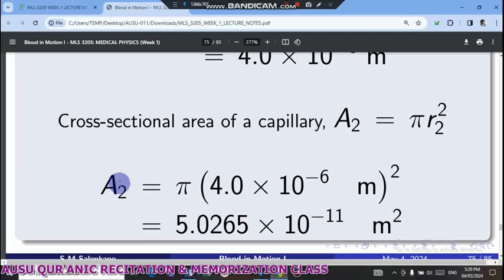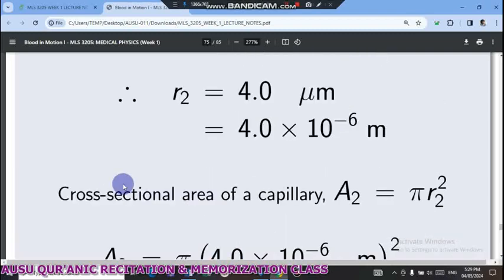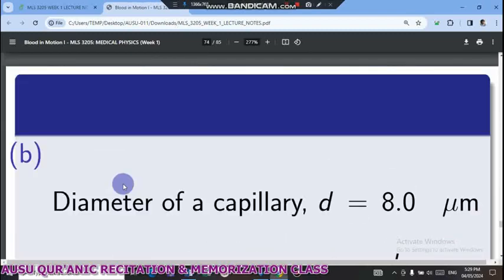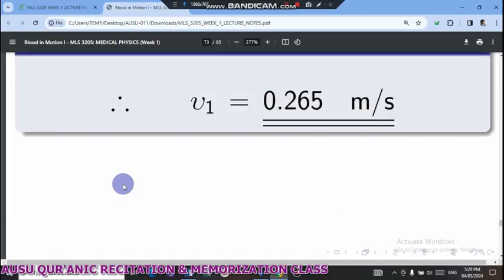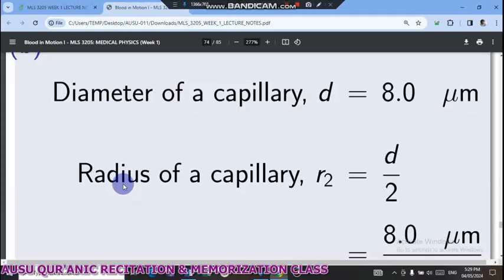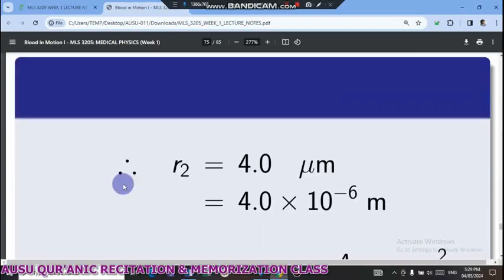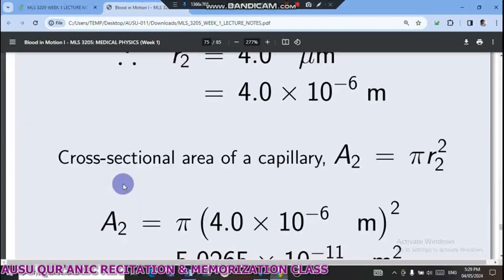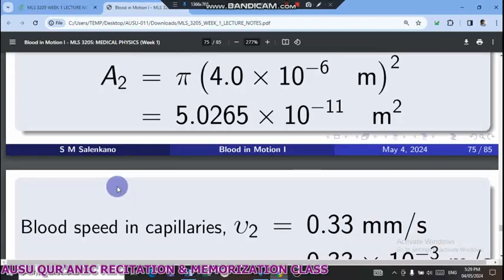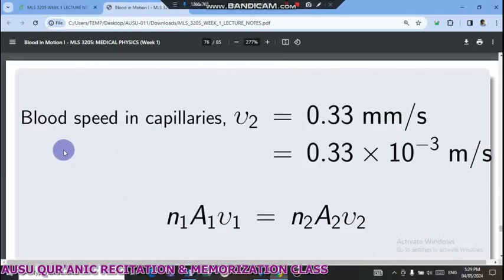So I know the area here. From the diameter I got the radius, and from the radius I got the area. So what about the speed? I am given the speed already in the problem, but it is not in SI units.